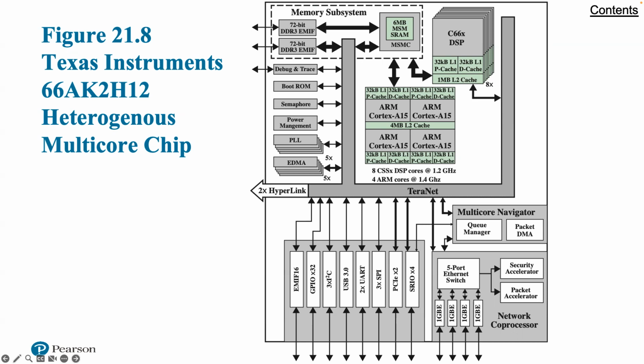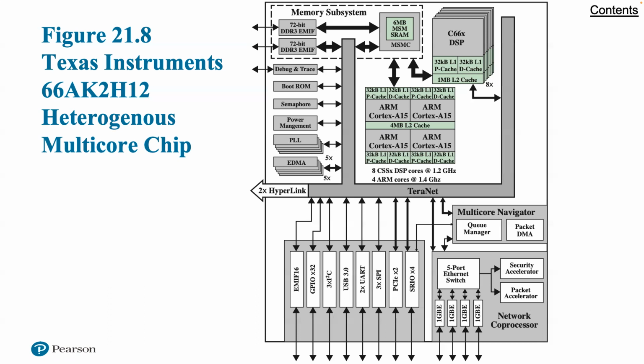TI lists the performance as delivering up to 352 GMACs, 198 gigaflops, and 19,600 MIPS. GMACs stands for giga, that is billions of, multiply-accumulate operations per second, a common measure of DSP performance.